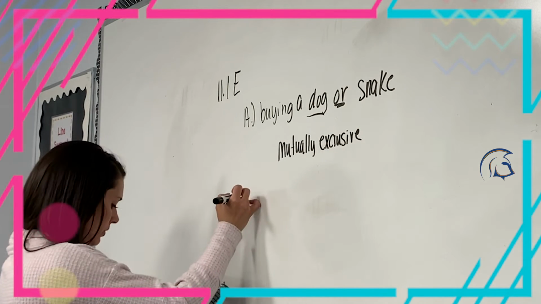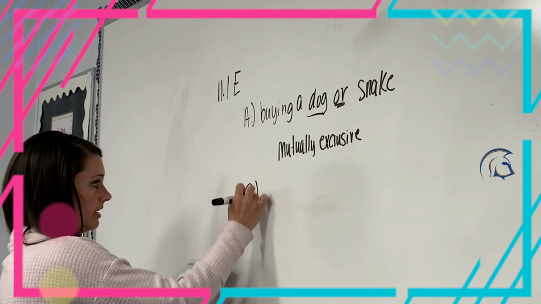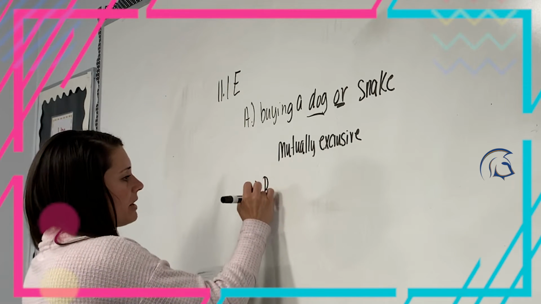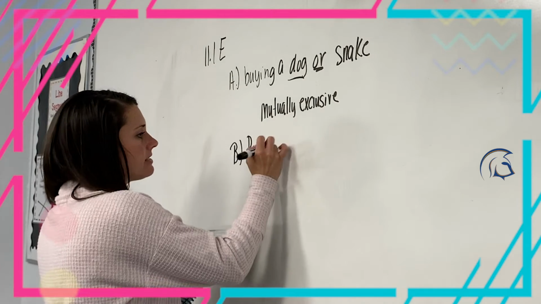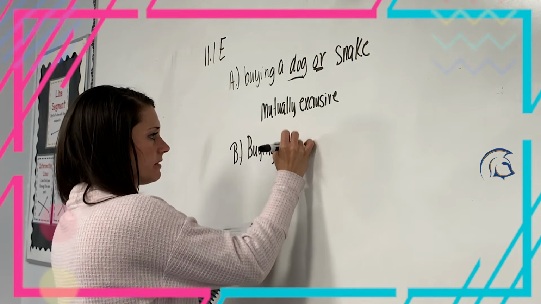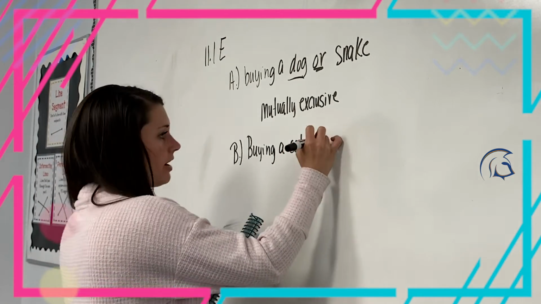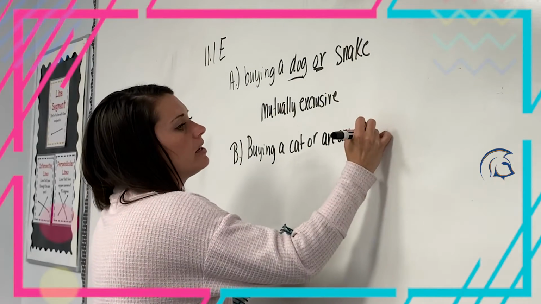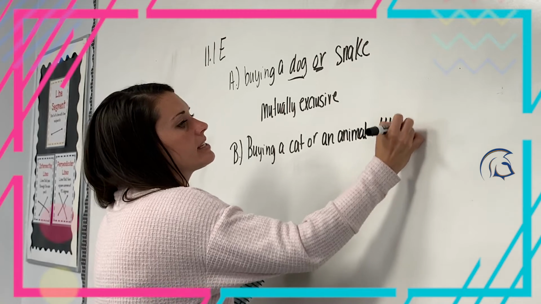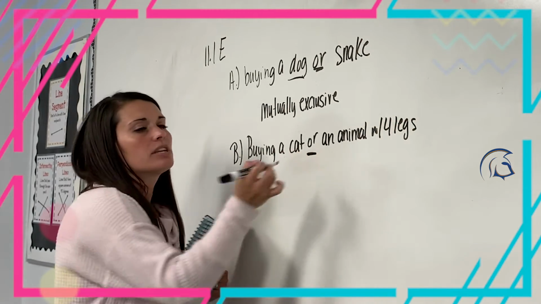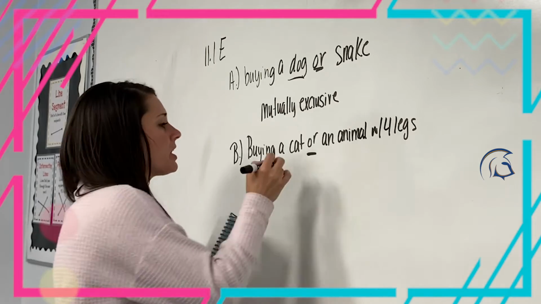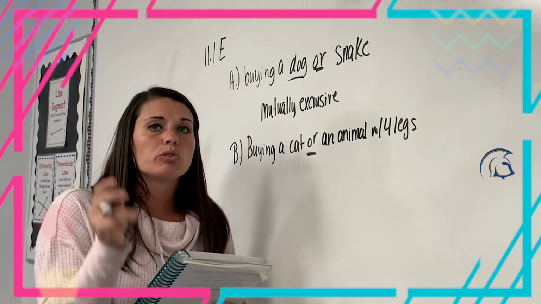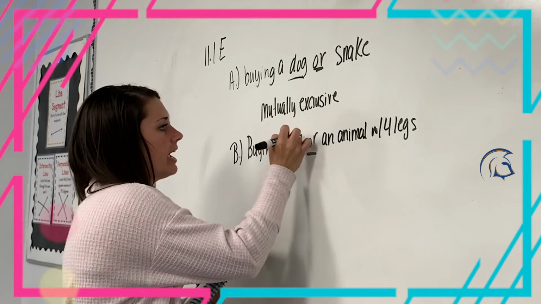Now, if you look at example B, here is where it comes in. It says buying a cat or an animal with 4 legs. Okay. Here is the deal, okay? We're still using this word or, but you look at your events, you look at what it's asking about, okay?